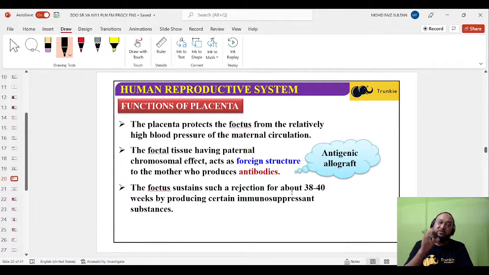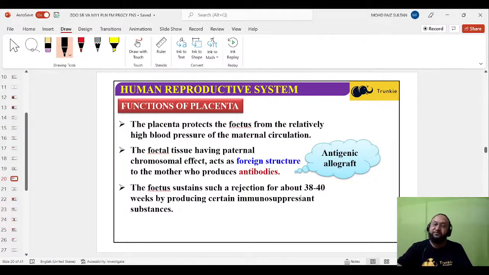The immune system of the mother will recognize the fetal tissue as a foreign structure and accordingly produce antibodies. This is an antigenic allograft. So the fetus sustains such a rejection for about 38 to 40 weeks by producing certain immunosuppressant substances.